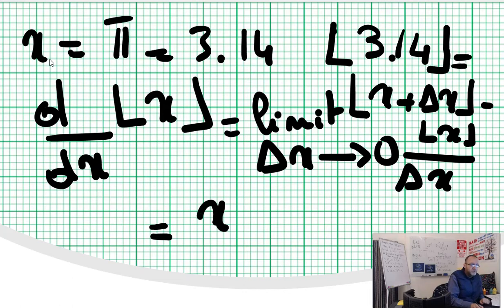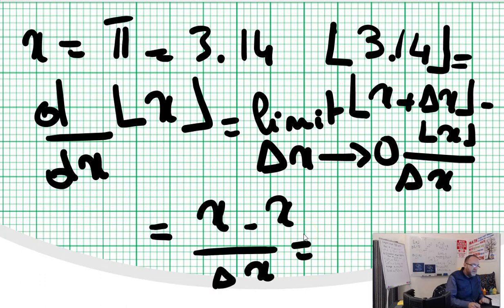The definition says when you have a floor function, you have to choose the largest integer that is not greater than x itself. If you choose 4, you are wrong, because 4 is greater than x itself. So you choose 3, you choose x again. So I have an x minus x, and the whole thing is divided by delta x, and I have 0 again.